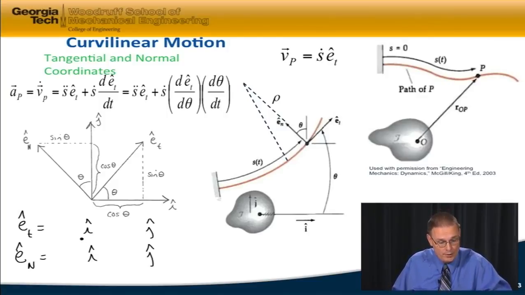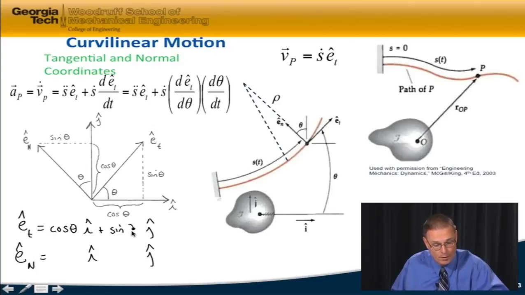So what you should have found is, okay, for E tangential, we're going to go out cosine theta in the i direction, and a distance sine theta in the j direction. And for E normal, here's E normal, I'm going to go minus sine theta in the i direction and plus cosine theta in the j direction. So what I can see from this relationship is real important.